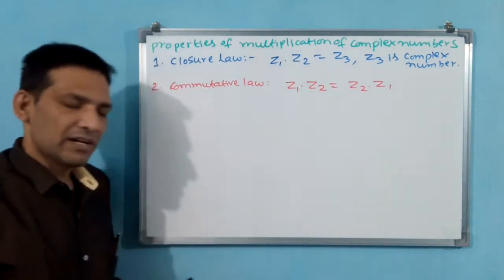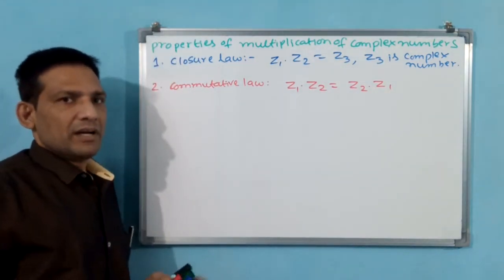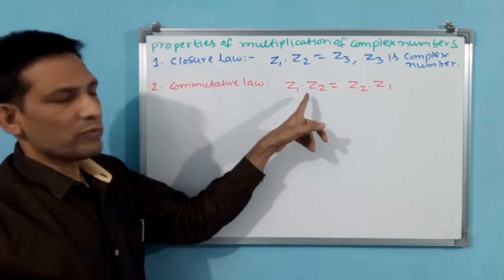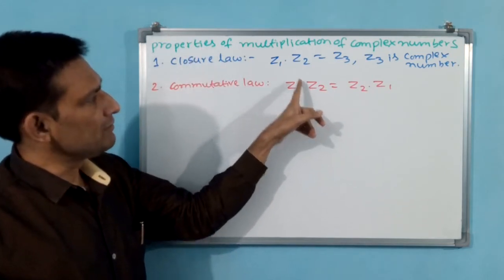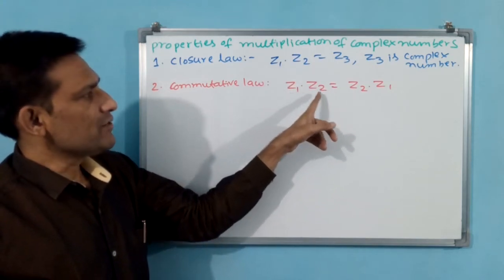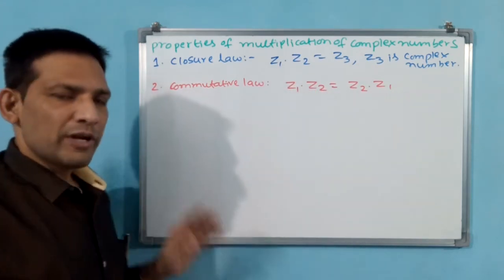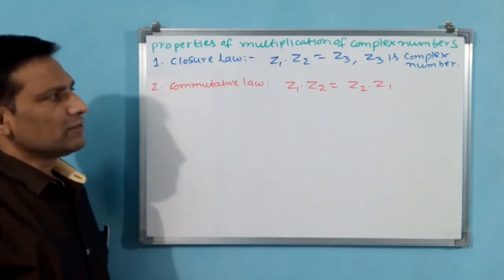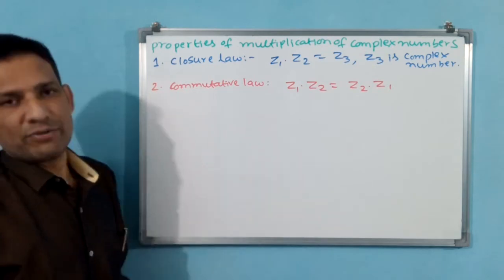This is commutative law. Like addition only, multiplication also will come, but here the multiplication symbol will come. Z1 into Z2 is equal to Z2 into Z1. You can make A into B or B into A, the same result is going to come. That is called commutative law.